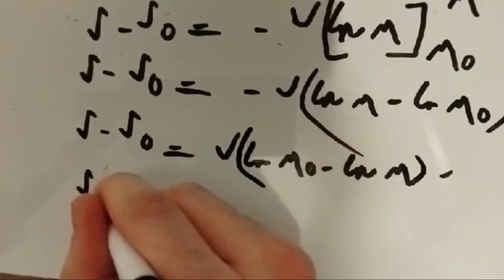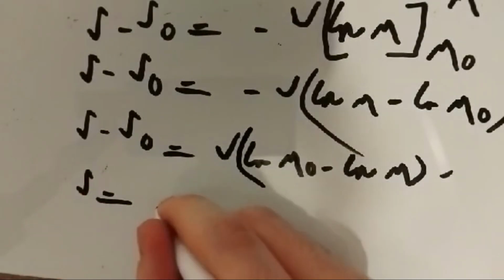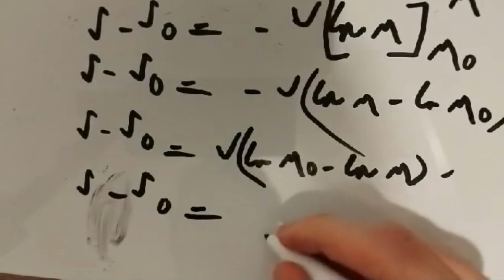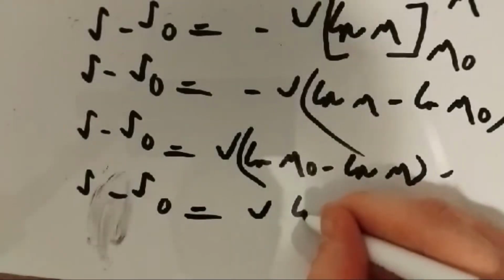And finally, velocity minus v0 is equal to u ln of m0 over m. And that's the final form.